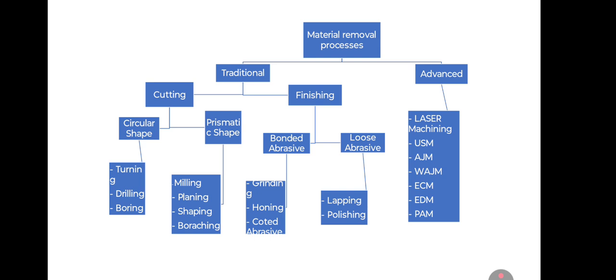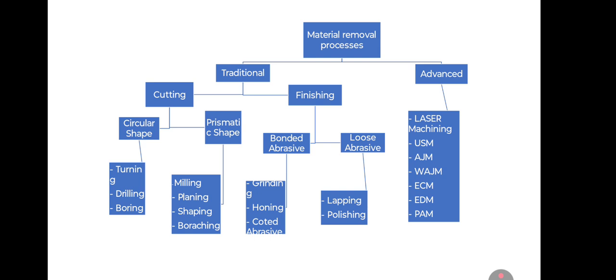A bit of discussion is required here, but due to the limitation of this slide, I will not go through non-conventional machining processes. The main point is that in advanced or non-conventional machining processes, the cutting tool will not be in direct contact with the workpiece.